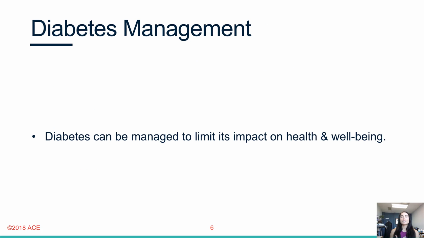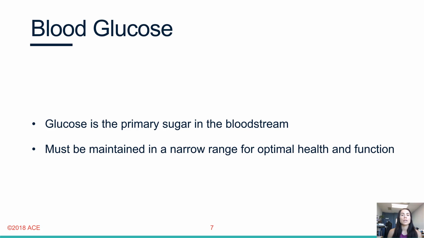But what we know is that diabetes can be managed, right, with limited changes in health and well-being. So if we know that diabetes can be managed by changing our lifestyle habits, the health coach can really play an essential role so that we can help improve our clients' health and well-being.